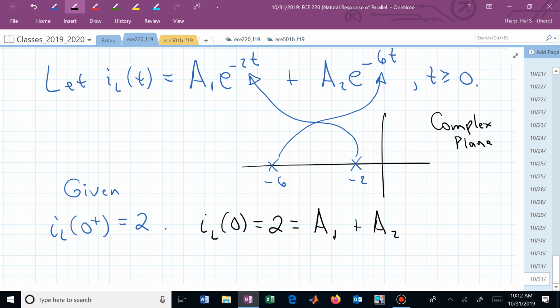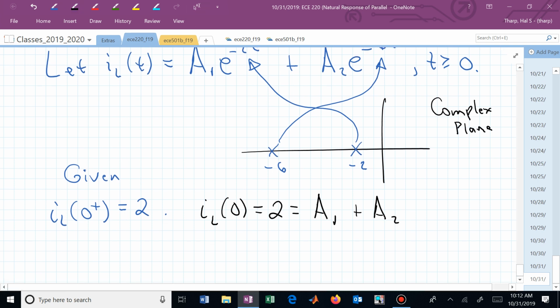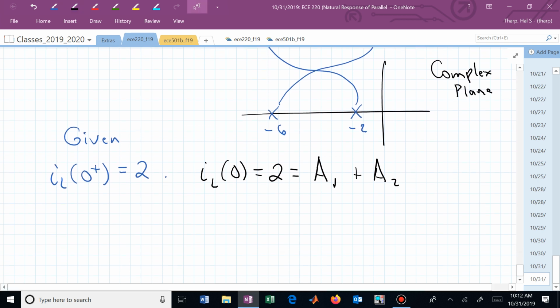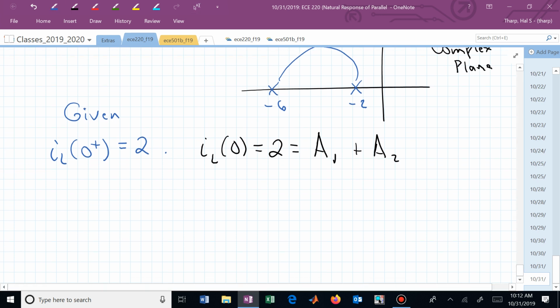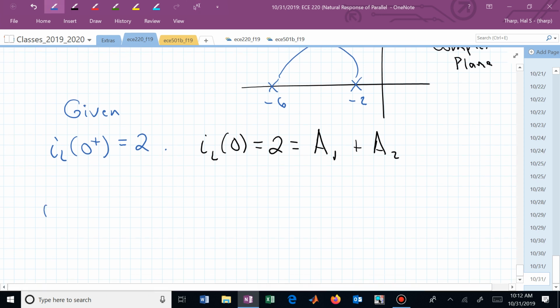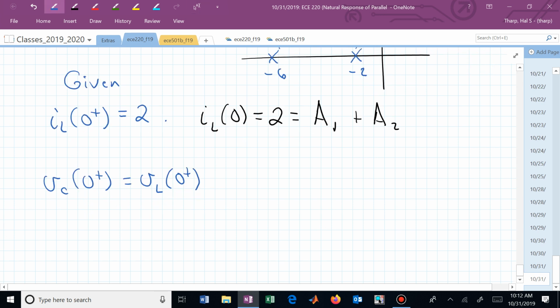We were given a second initial condition, and that was the capacitor voltage. But this is a parallel RLC circuit. V sub C of 0 plus is the same as V sub L of 0 plus. And remember Eli? Eli says that V sub L is equal to L di sub L dt. Or now we can say this is L di sub L at 0 plus dt.